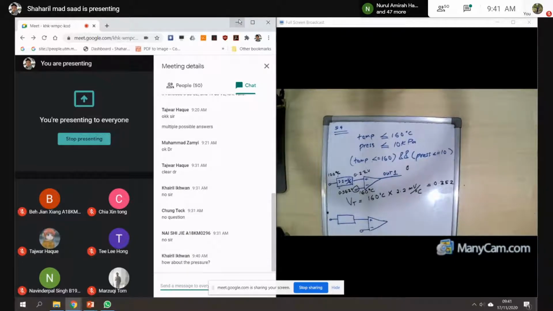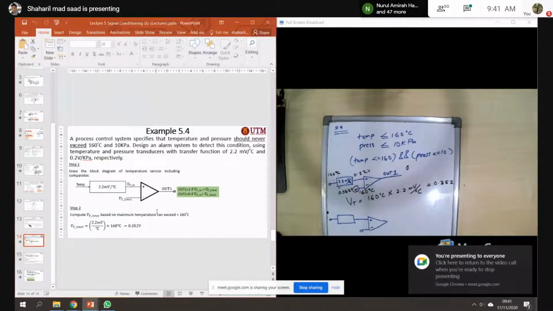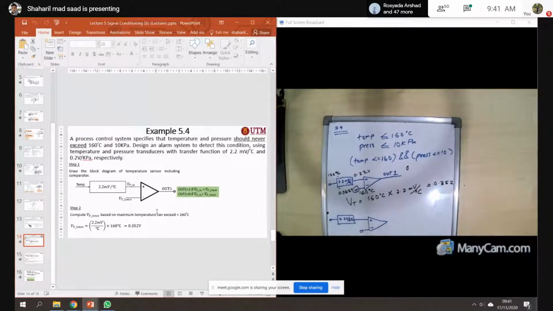So what is the sensitivity or transfer function for pressure, kPa here? The pressure that you want to achieve is 10 kPa, right? So let me put it here: Vp equals 10 kPa times 0.2 volt per kPa. Now you get 2 volt here.